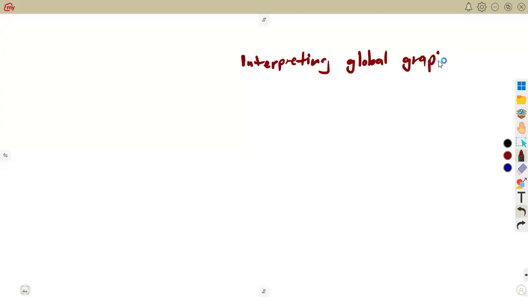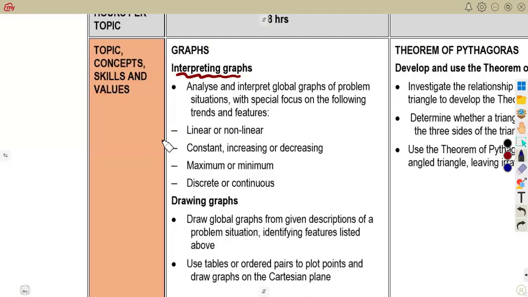What is it that you are actually referring to? What is it that you are supposed to talk about? We are supposed to be talking about the terms in terms of being maximum, in terms of being minimum, constant.